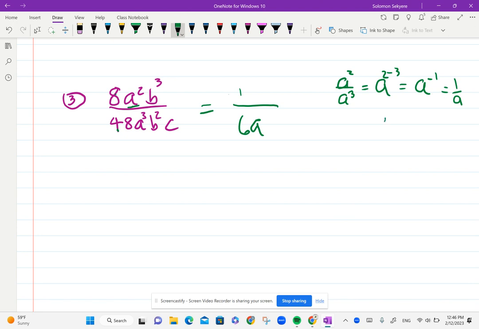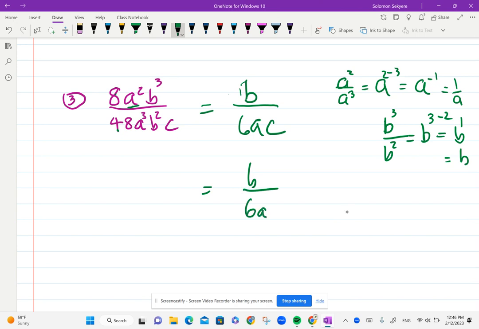We have b cubed over b squared. B to the power 3 minus 2. And this is b to the power 1, which is b. So what do we have? 1 times b on the top, and there is no c on the top. So we're done. Your answer is b over 6 a c.